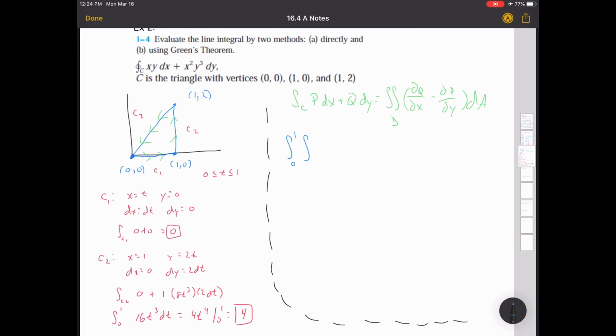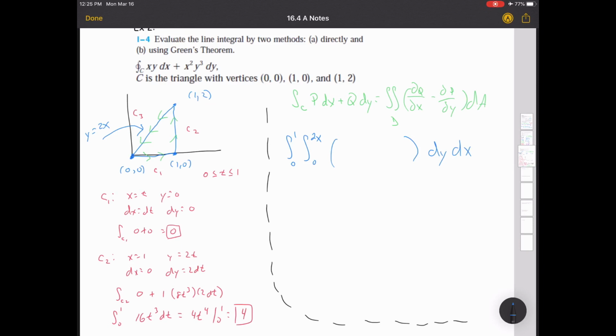Well, that function right there is y equals 2x. So y is going to go from 0 to 2x. So that'll be dy dx.